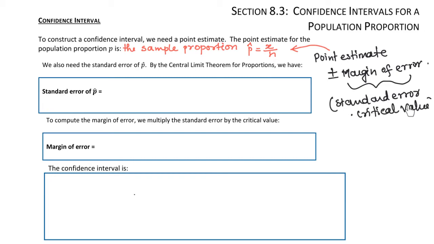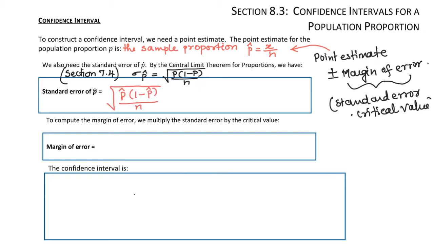In section 7.4, we found that when the sample size N is large enough, the sample proportion P hat is approximately normal with the standard deviation square root of P times 1 minus P divided by N. In practice, we don't know the value of P. So while constructing the confidence interval for a population proportion, we replace this P with P hat.